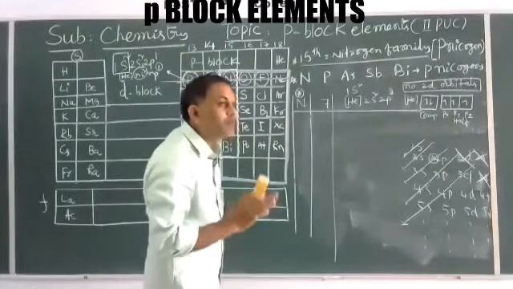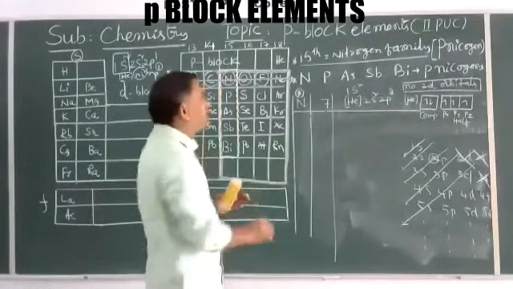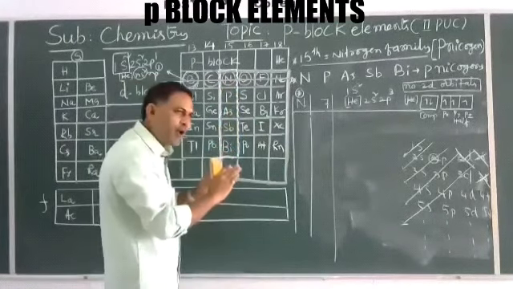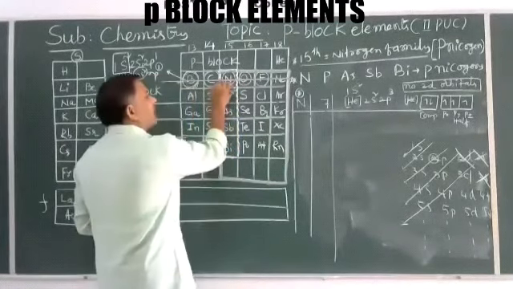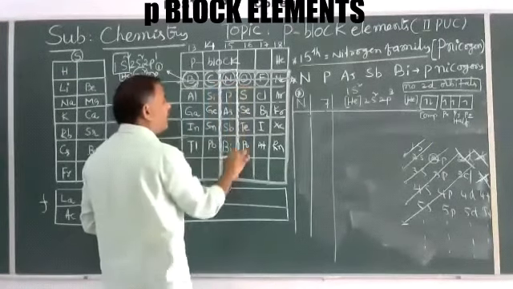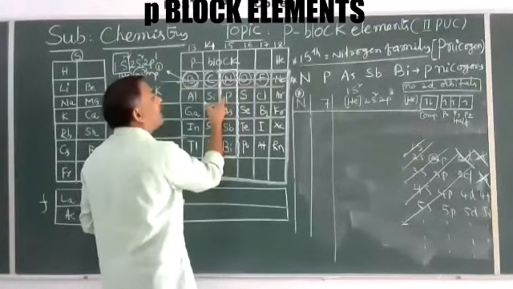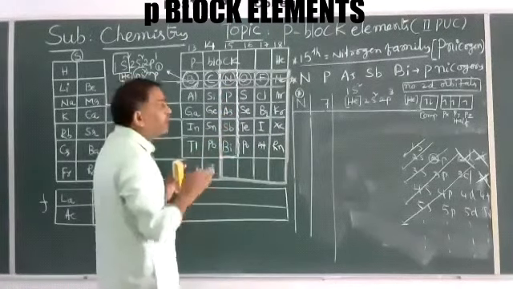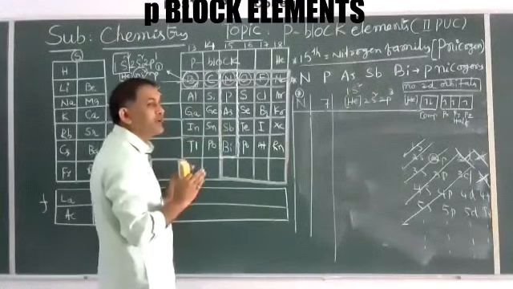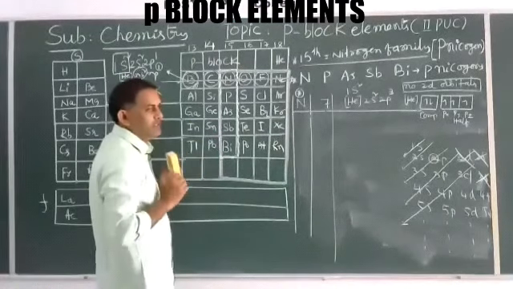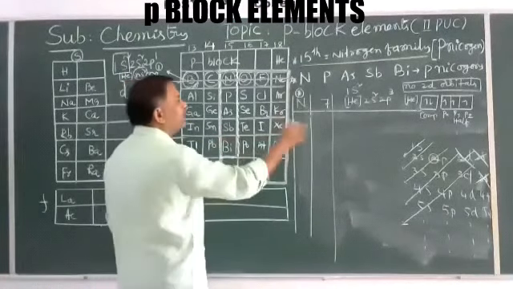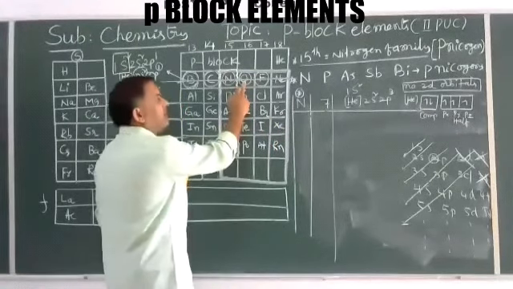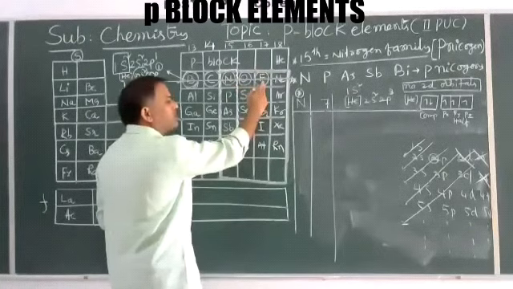Anomalous means peculiar properties. Nitrogen, phosphorus, arsenic, antimony and bismuth are all the same family members, but nitrogen shows some peculiar, different properties than phosphorus, arsenic, antimony and bismuth. Similarly, in further groups, oxygen and fluorine also show some anomalous properties.